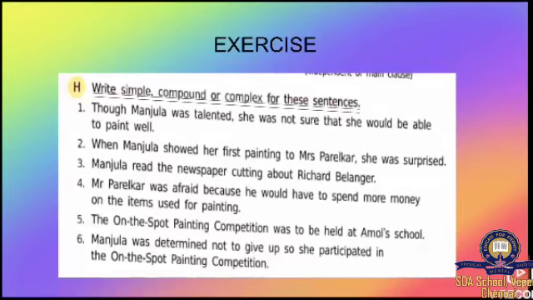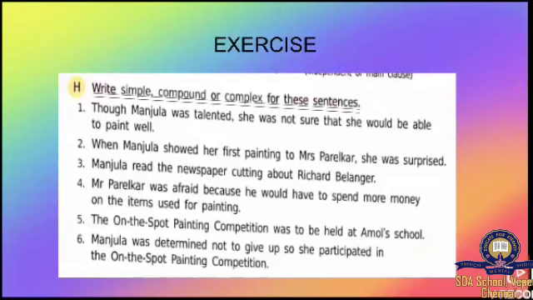Though Manjula was talented, she was not sure that she would be able to paint. So here we see 2 parts. First is Manjula was talented, and the next, she was not sure that she would be able to paint.